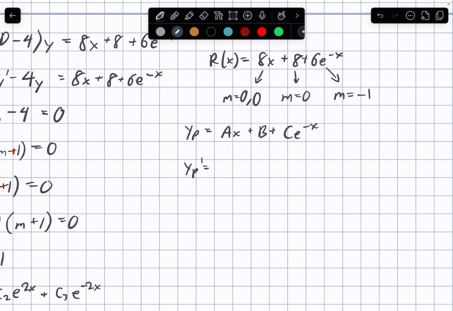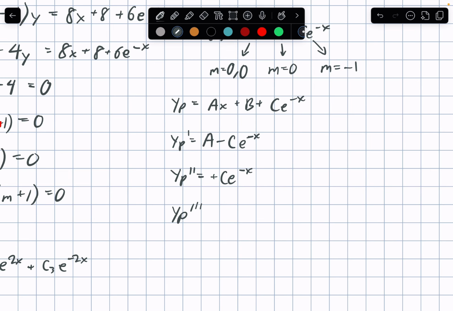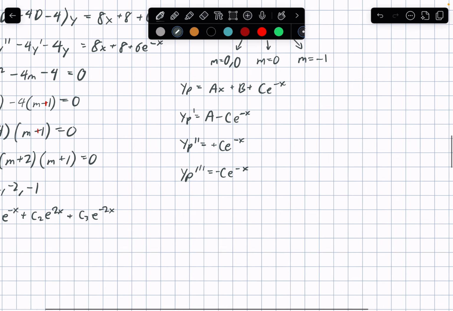Y sub p is equal to, let's now derive. Highest degree is 3, no? So third derivative. Okay, that's it.